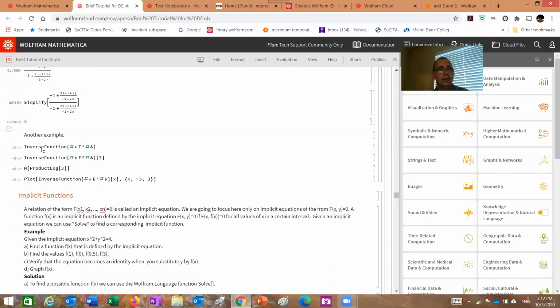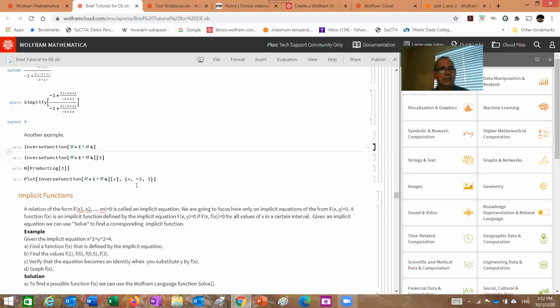Now, another example: we can find the inverse function of a pure function. This is the function whose formula is X times e raised to the X. The number e is represented by capital letter E in Wolfram language. Now let us find the inverse of that function.